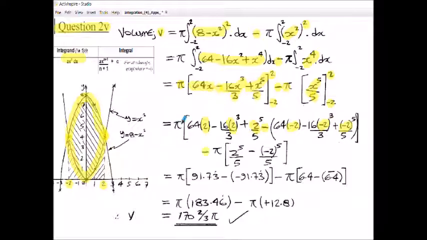I'm now taking away pi times, and then putting the upper limit in, 2 to the 5 upon 5, and then I'm taking away -2 to the 5 upon 5. So again, just be careful of your number crunching, your arithmetic there. From there on in, it's just working out the values and ending up with a volume of 170 2/3 pi.